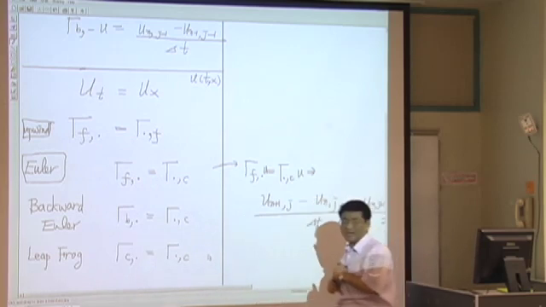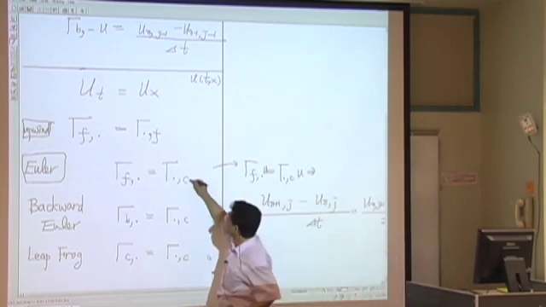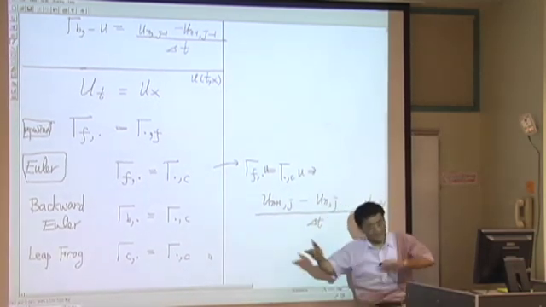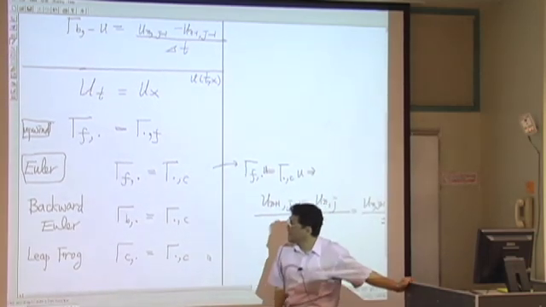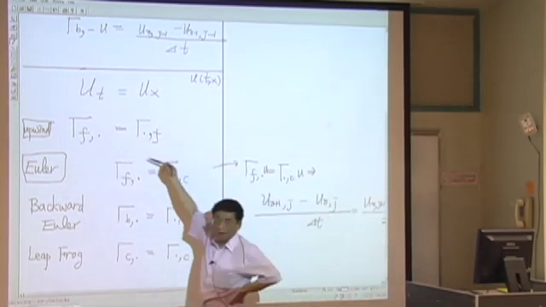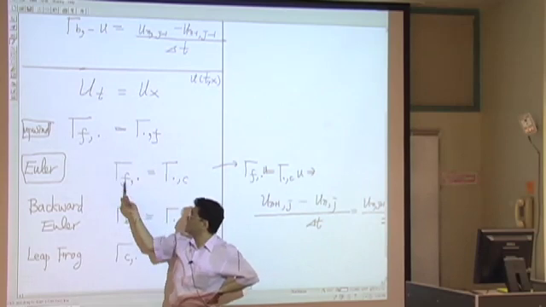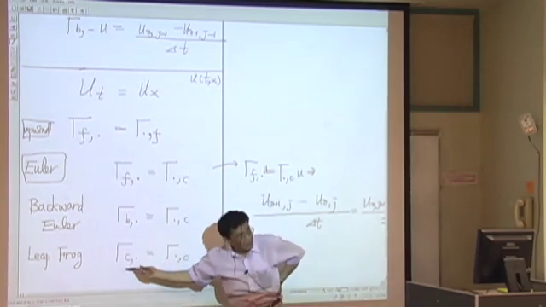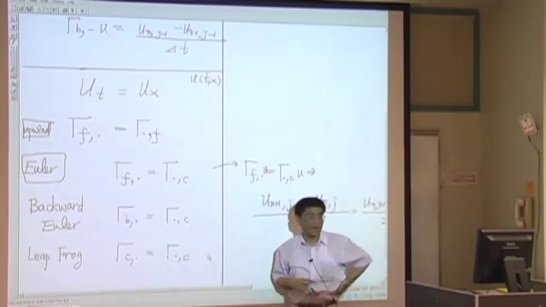And even for second order, I will define squared and then use the same thing to develop different methods. Roughly, you got the idea, right? So if this is used, then it's called the upwind method. If this is used, it's called Euler's method. If this is used, then backward Euler's method. If this is used, then the leapfrog method.